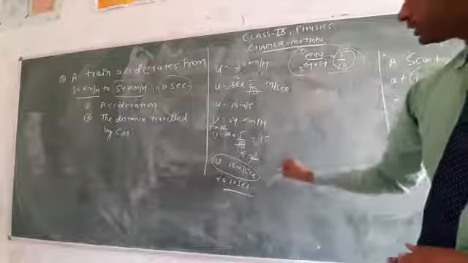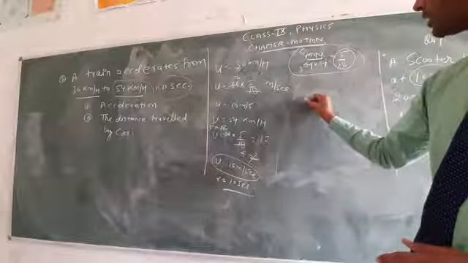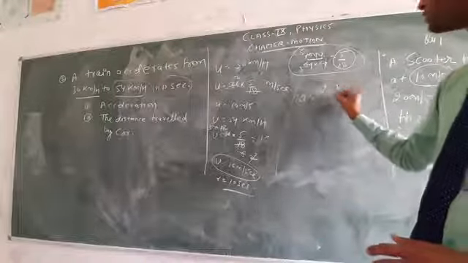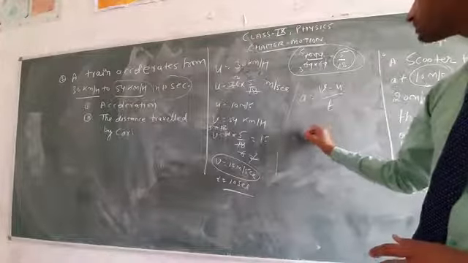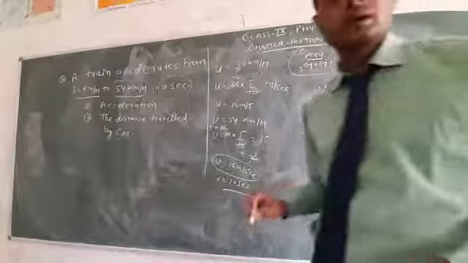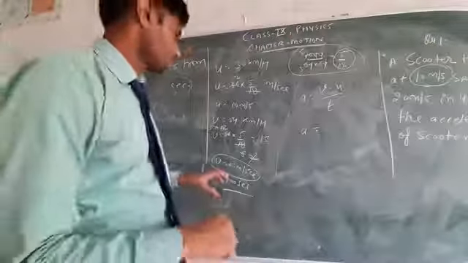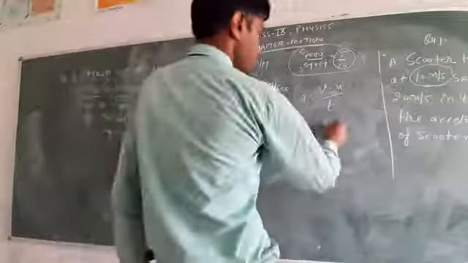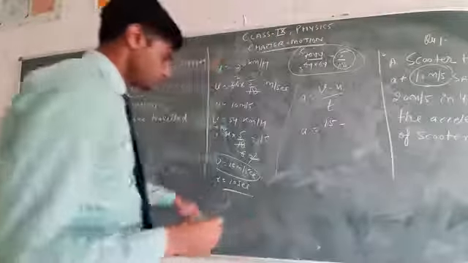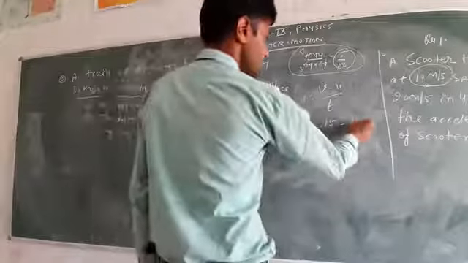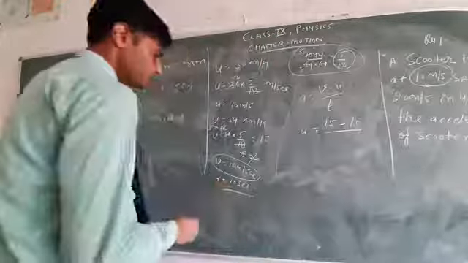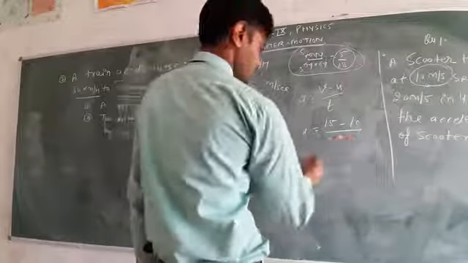In the previous question, I discussed a equal to v minus u upon t. So by putting in the values, v is 15, u is 10, t is 10.